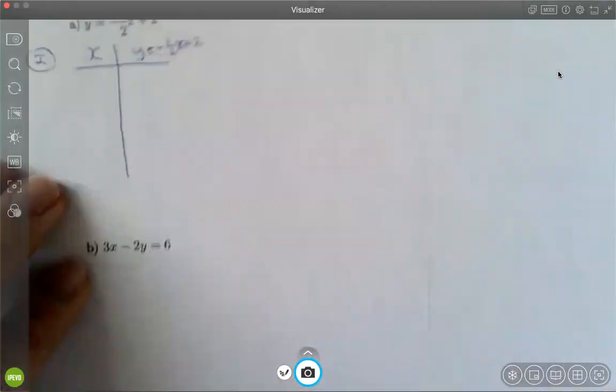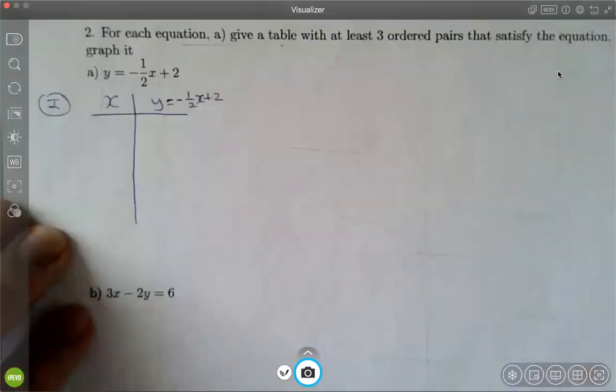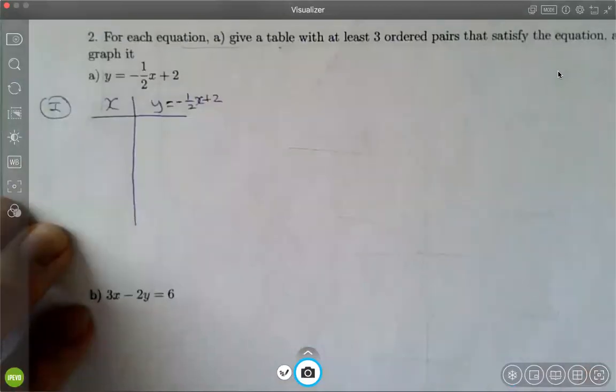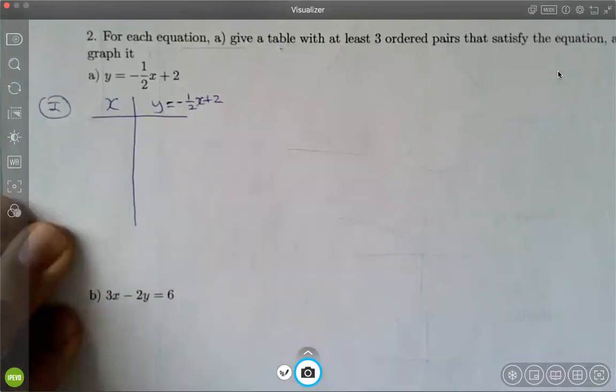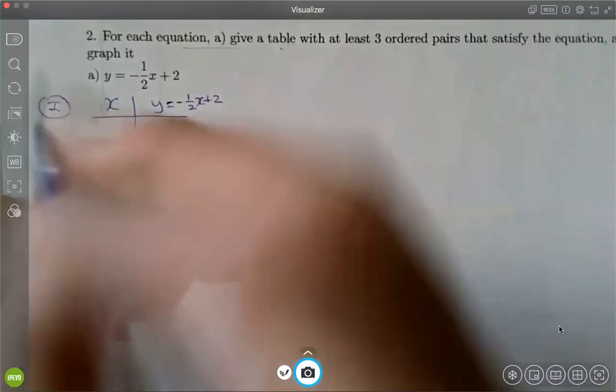So what can we plug into x? 2? Okay, so 2.